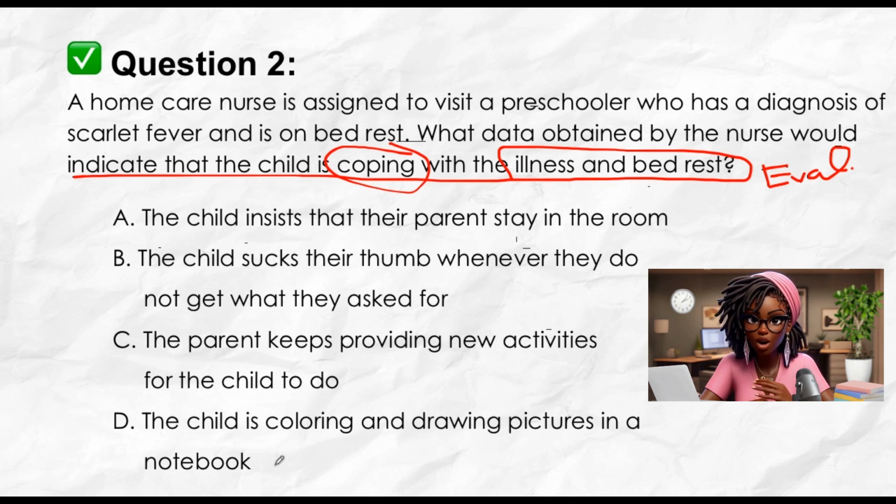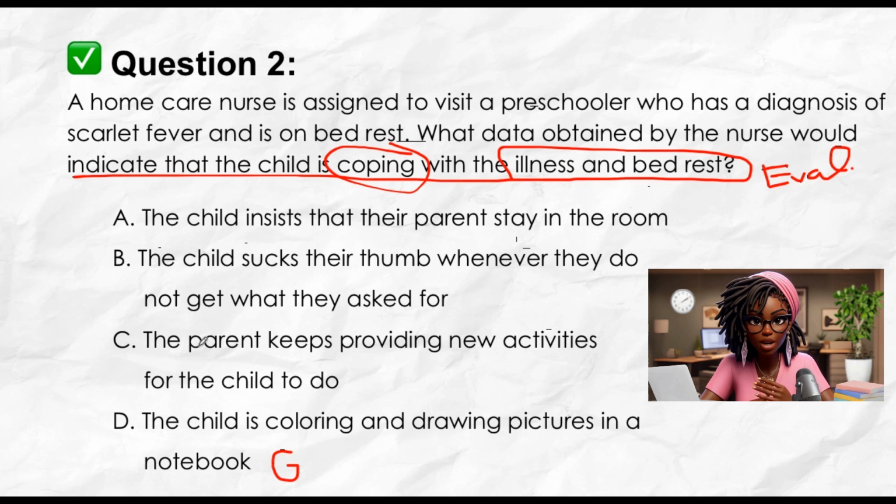And so this is a positive coping mechanism with the situation, right? The child is ill and is on bed rest. I'm going to say that this is a green zone answer choice, okay? Because the child is stable, they're engaged, and they're emotionally regulated.